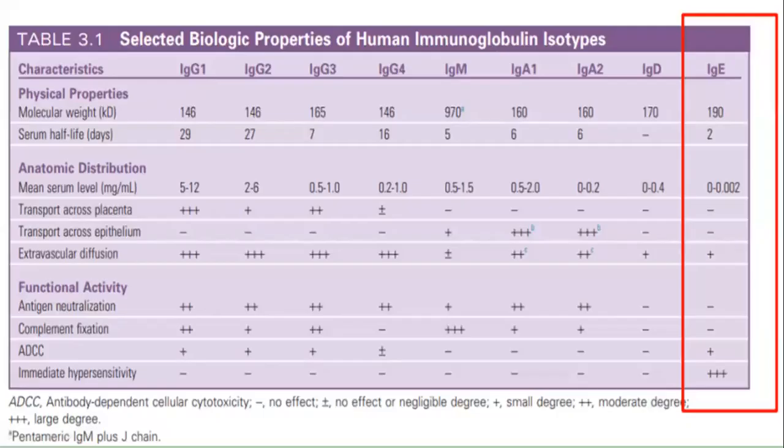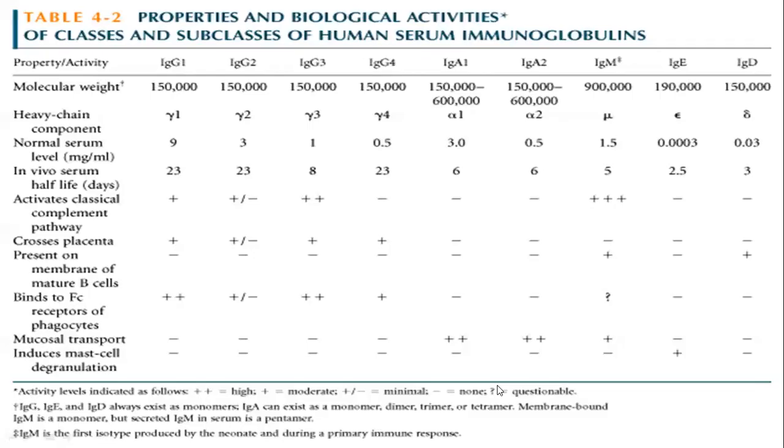And more importantly, when you look at the immunoglobulins, they have particular sizes, and when we talk of antibody-dependent cell cytotoxicity, you can literally see which immunoglobulins are involved in complement fixation, which are involved in antigen neutralization, and so on. You can go through this and try to understand further.